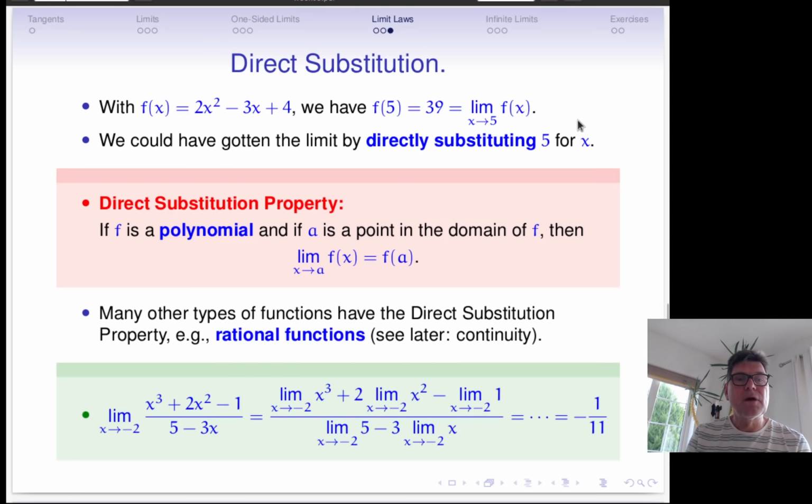Here's another example. The limit as x goes to minus 2 of x cubed plus 2x squared minus 1 over 5 minus 3x, a rational function.